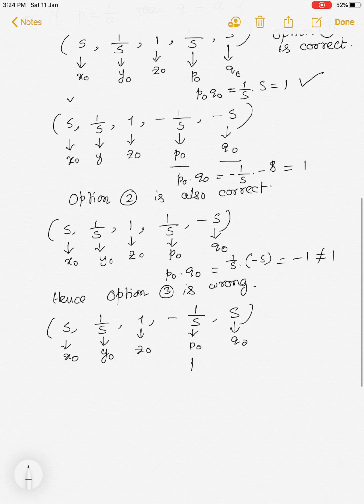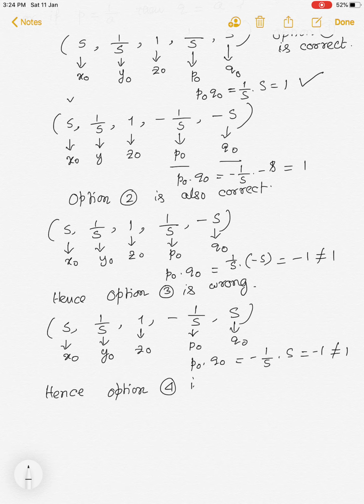Now the product of p0 and q0, minus 1 by s into s, is equal to minus 1, which is not equal to 1, hence option 4 is wrong.